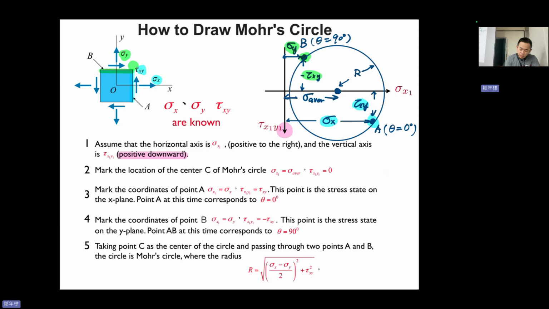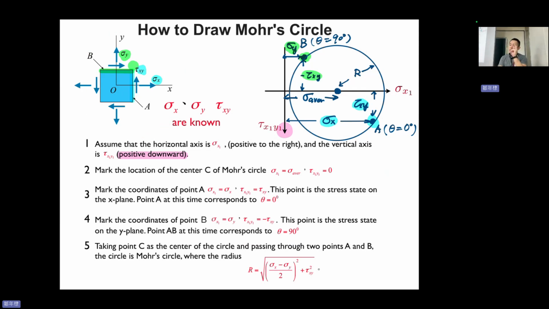Okay, you see here, green and blue, their theta difference is 90 degrees, but in the Mohr's circle it becomes 180 degrees. So these are the two important things we need to memorize and pay attention to: in the Mohr's circle, your tau x1y1 is downward positive, and your theta in the Mohr's circle will be doubled compared to the real world.